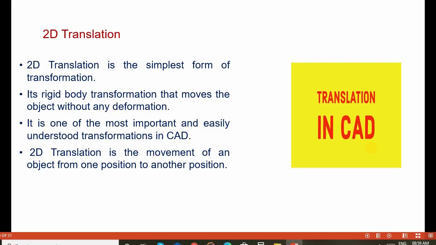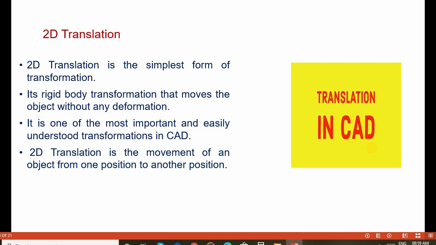It is one of the most important and easily understood transformations in CAD.